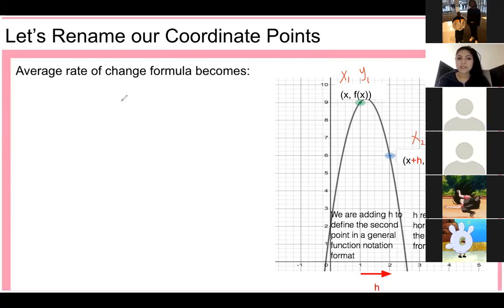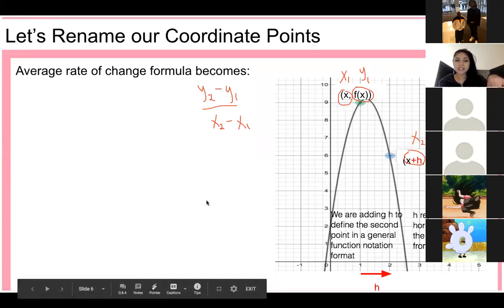So then we know that we're going to plug into the formula y2 minus y1 all over x2 minus x1. And we're going to just plug in these values. So it's going to be y2, so this thing, minus y1, all over this thing over x.